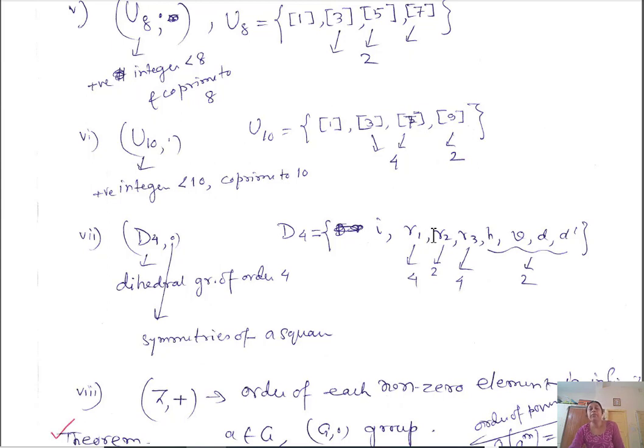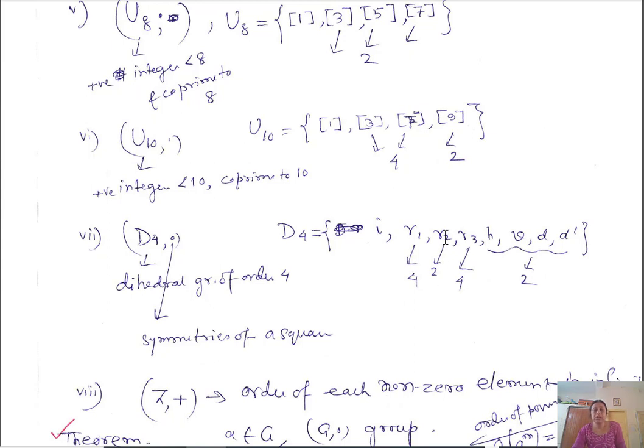About that point you take the 4 rotations: 0, 90, 180, 270 degrees. Then about the horizontal line and the vertical line you take a reflection, not a rotation, out of the plane. And there is reflection about the main diagonal, and reflection about the other diagonal. You can check their orders.